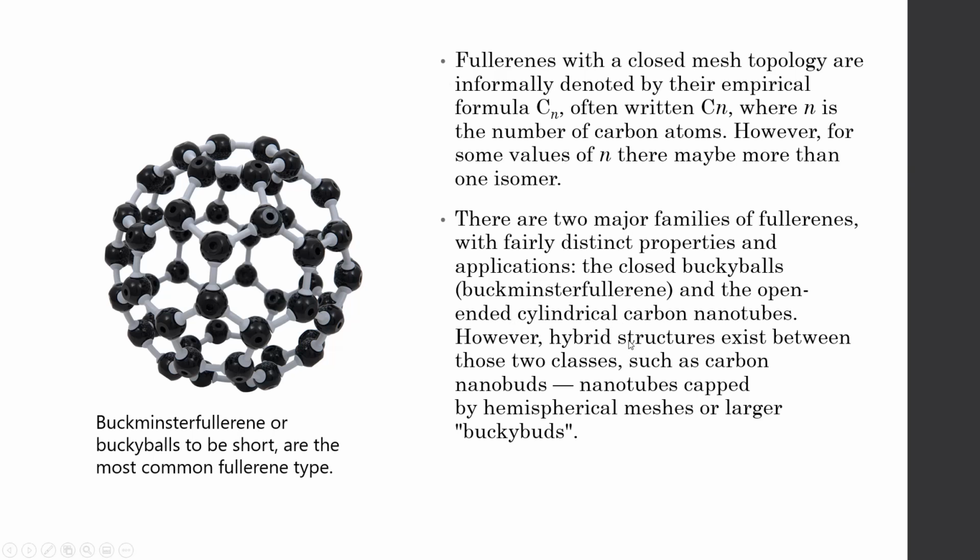However, hybrid structures exist between those two classes, such as carbon nanobuds, nanotubes capped by hemispherical meshes or larger buckyballs. Buckminster fullerene, or buckyballs for short, are the most common fullerene type, as you see here.